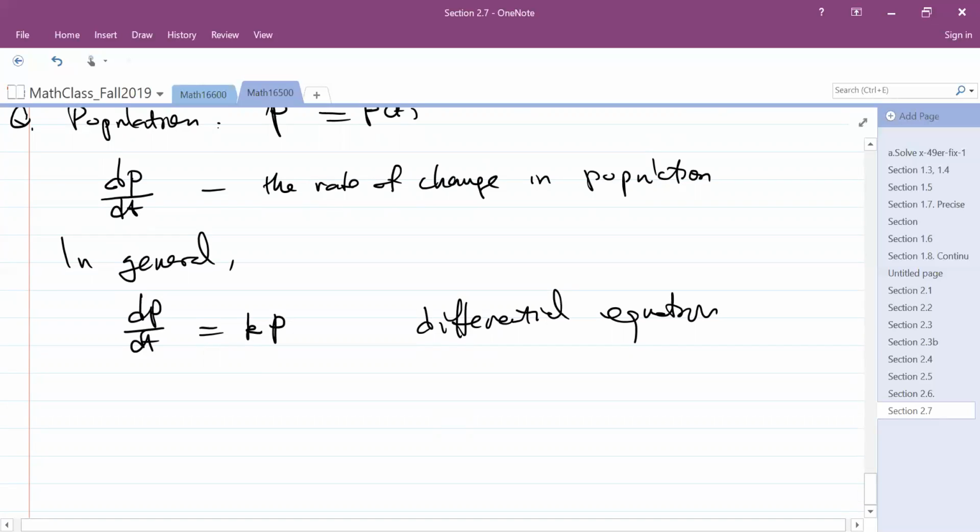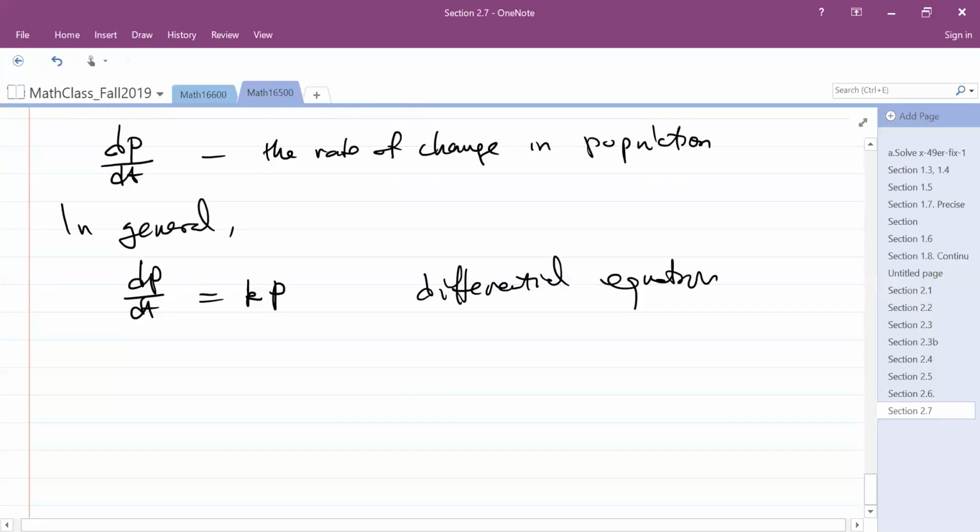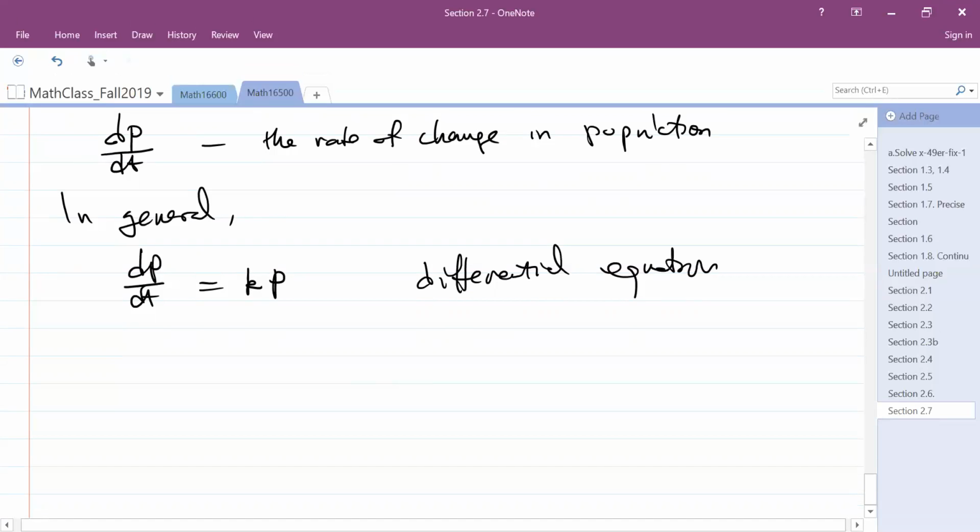There's also a course just focused on differential equations, with very complicated equations, like p squared, or maybe the square of the derivative of something. That course is called 266. I'm not going to try to solve this equation for p, but I know the rate of change here is proportional to its size. Then p can be uniquely determined.